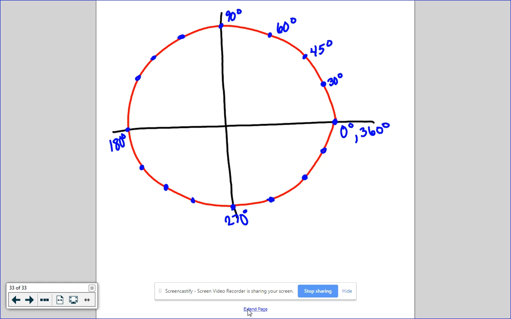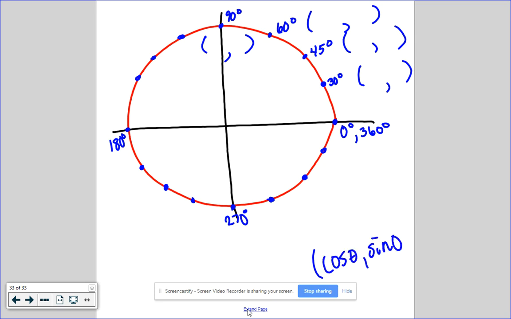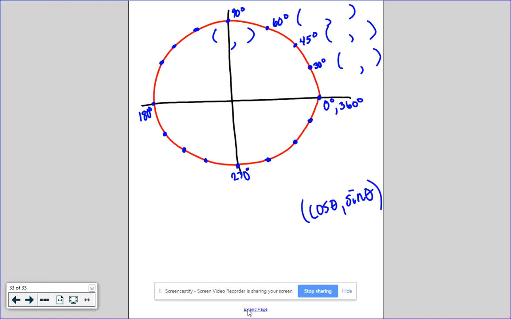Okay? And if you remember, we found both a cosine and sine value of those. And we did that remembering what we talked about yesterday: cosine always goes with x, sine always goes with y.